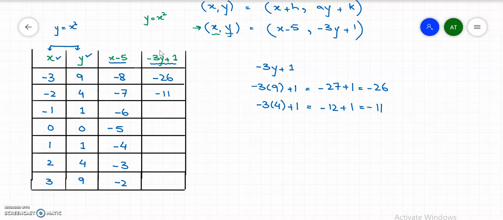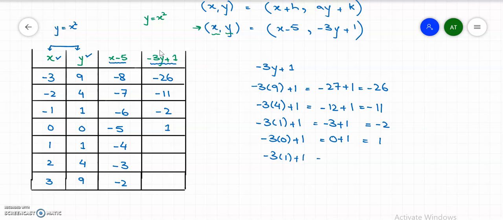Okay, when y is 1, so -3 times 1 plus 1, that is -3 plus 1, that makes -2. When y is 0, -3 times 0 plus 1, that is 0 plus 1, that makes 1. When y is 1 again, -3 times 1 plus 1 is -3 plus 1, that equals -2.